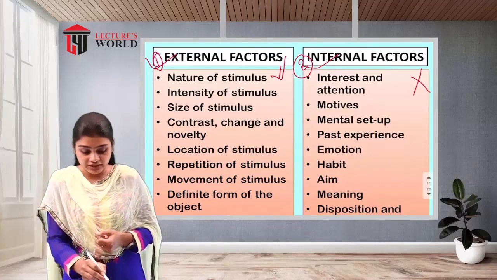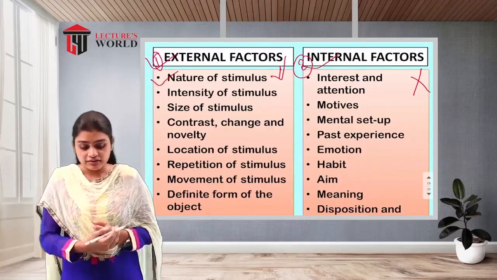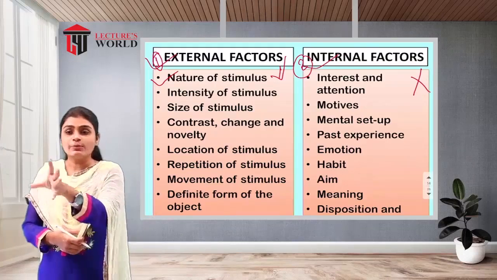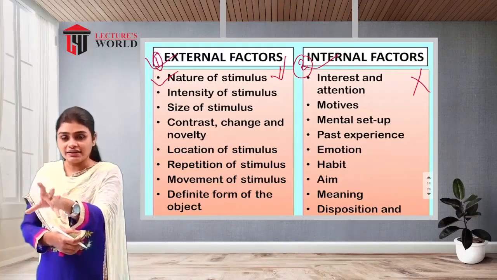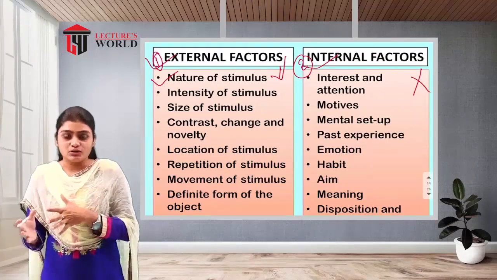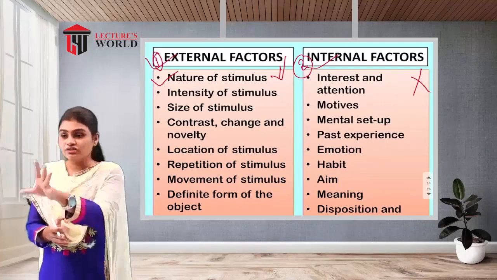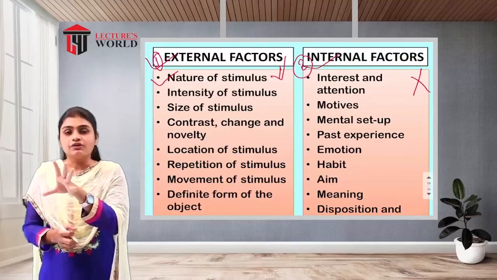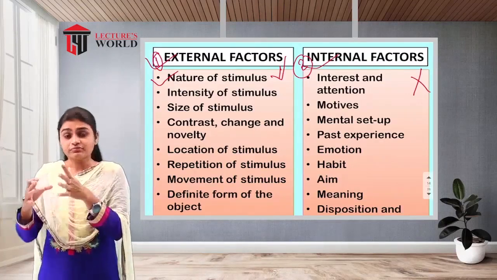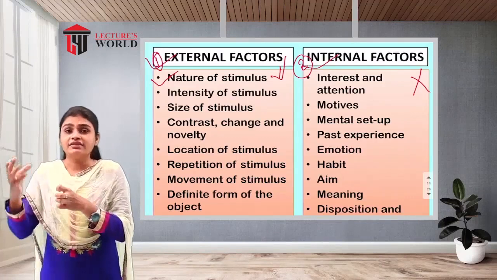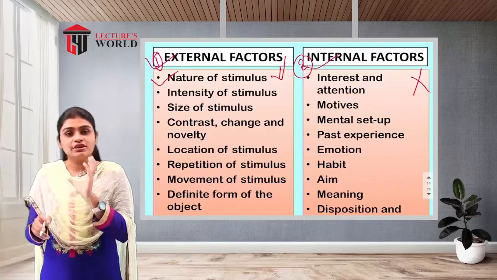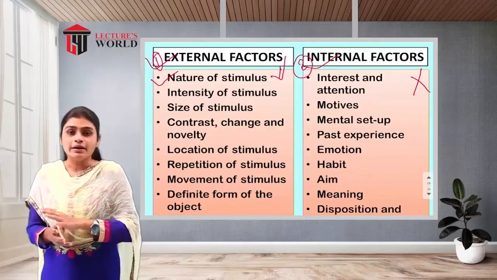The very common first one is the nature of stimulus. That means, whatever stimulus we are observing, attending or focusing on, what is the nature of that stimulus? Based on that, our attention is going to be led. For example, sometimes there are very pleasant things or very unpleasant things; from both, we are going to give our attention to the pleasant one.